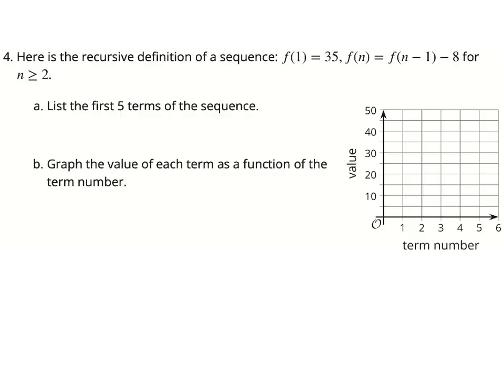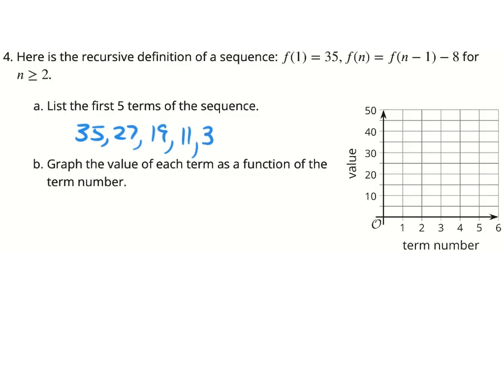Okay, next problem. Here is a recursive definition. 35 minus 8 is 27, minus 8 is 19, minus 8 is 11, minus 8 is 3.